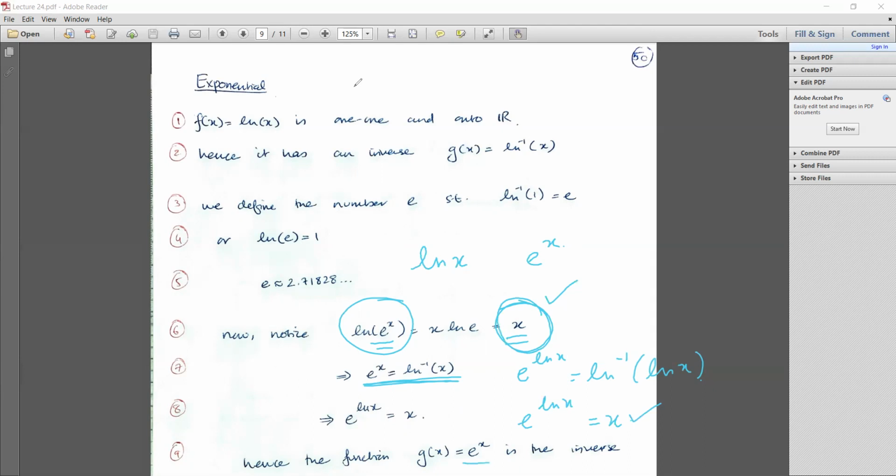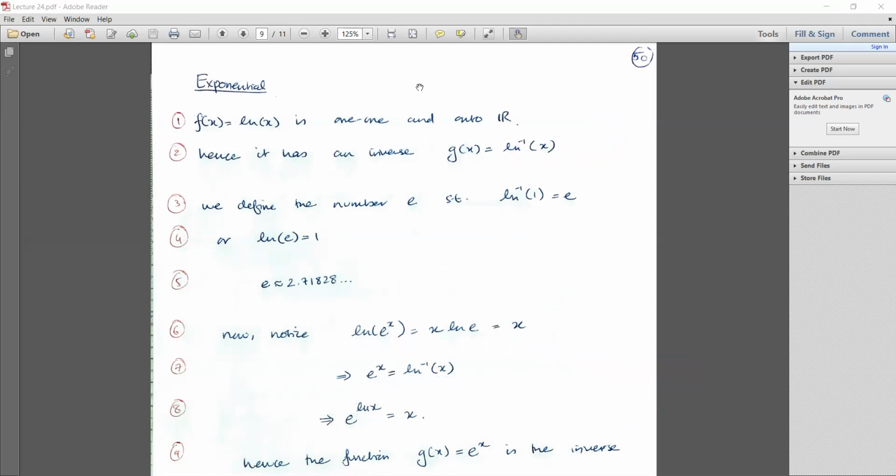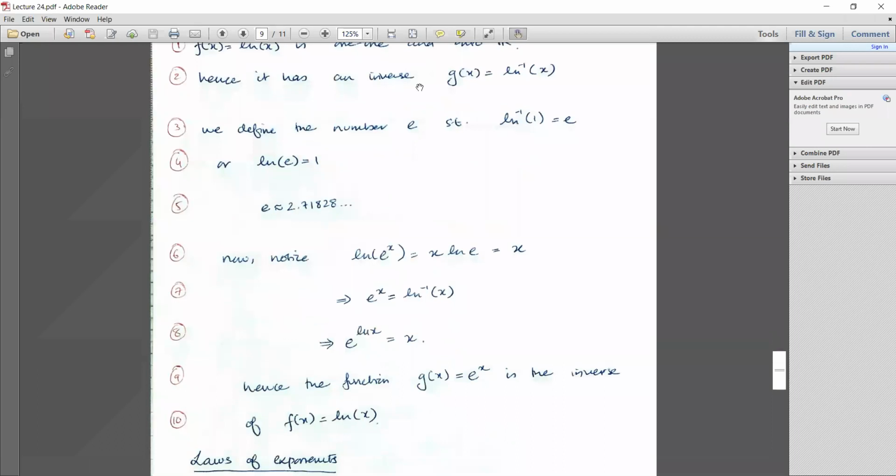That means that e raised to power x is the inverse of ln. So the inverse function that we were looking for is equal to e raised to power x. e is a number, it's a fixed number, it's a constant. x is a variable. x is the variable of the function. So the inverse of ln x is e raised to power x. Any questions?